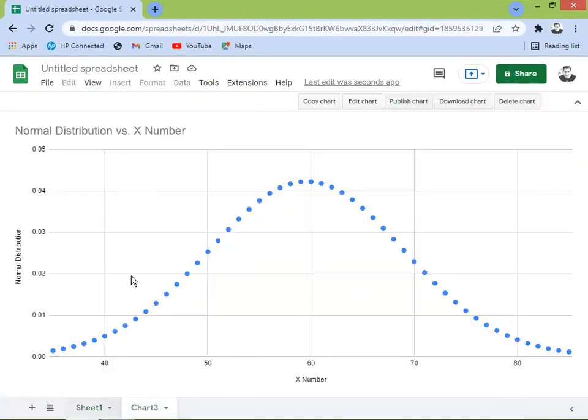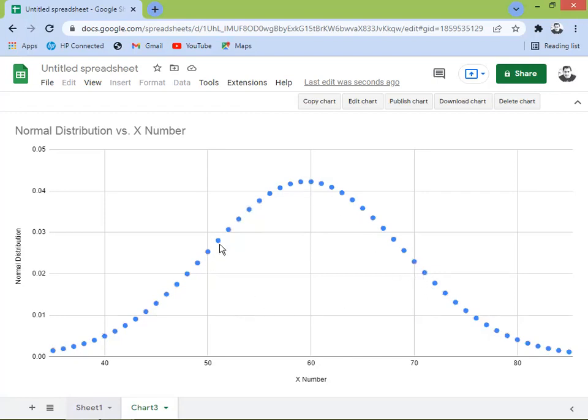So with a standard deviation of 9, 60 minus 9 would be 51, right? So this would be our observation of the normal distribution. As you can see, they are all equal, left to right, because our normal distribution is symmetrical in shape.